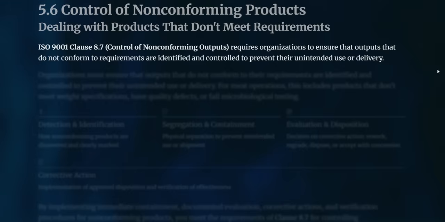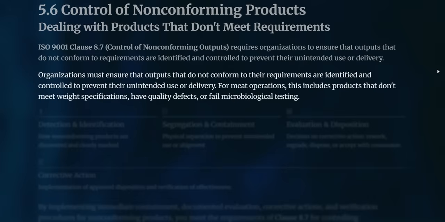This is very important. So organizations must ensure that outputs that do not conform to their requirements are identified and controlled to prevent their unintended use or delivery.